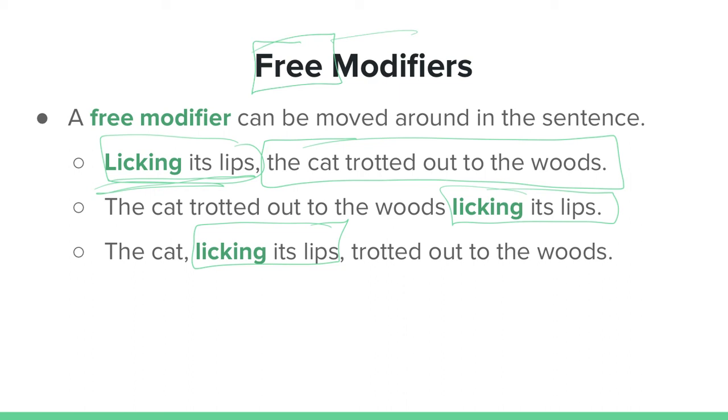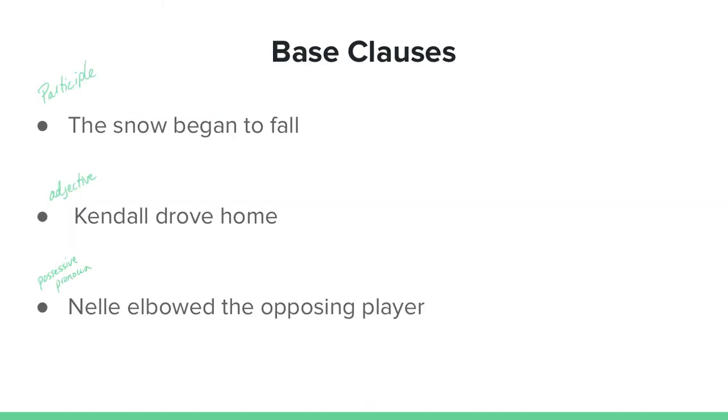These are very useful because you can use them to vary up sentence structures. You don't have to have the same repetitive sentence structure all the time if you use free modifiers, because you can use them to bend sentences the way you want them to go. So let's do a little practice. I'll do one of each kind with these base clauses.